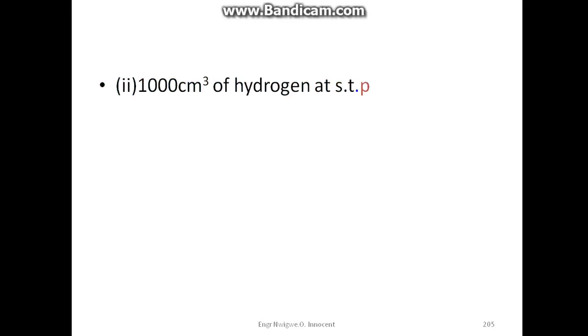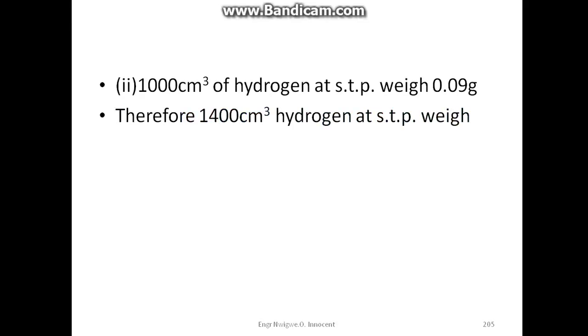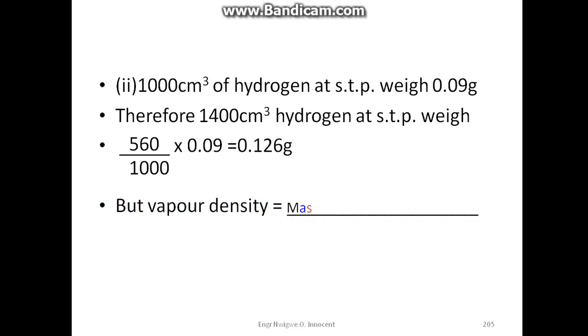Solution for the second question. 1000 cm cube of hydrogen at STP weighs 0.09 gram. Therefore, 1400 cm cube of hydrogen at STP weighs 1400 divided by 1000 times 0.09, which gives us 0.126. But vapor density is equal to the mass of a given volume of gas over the mass of an equal volume of hydrogen.